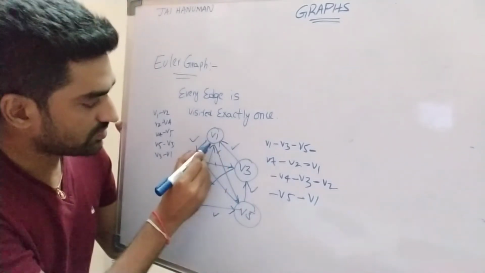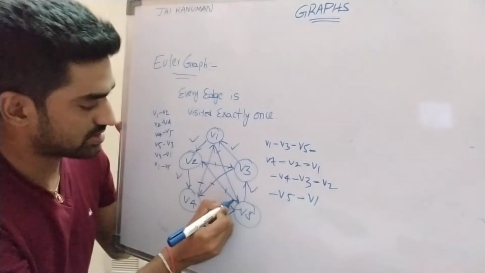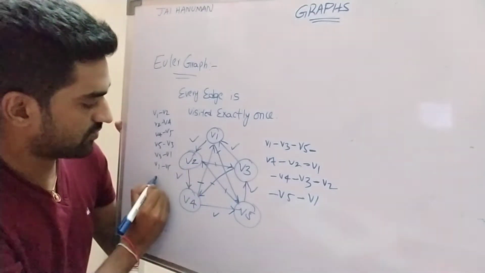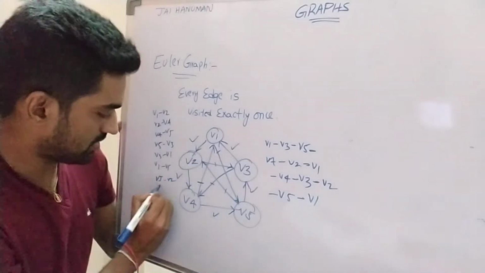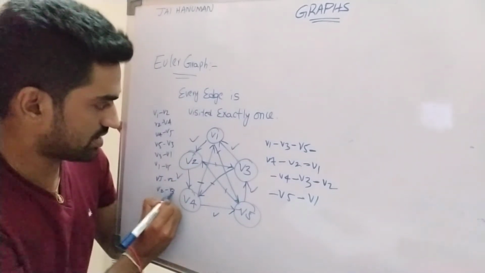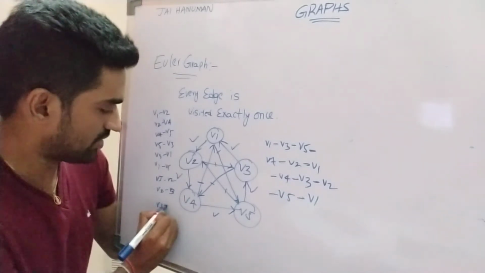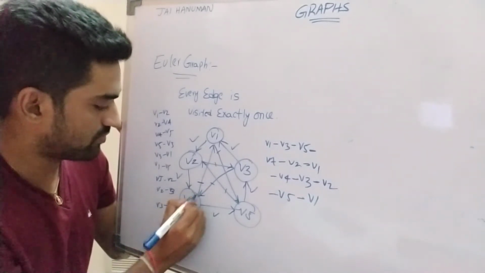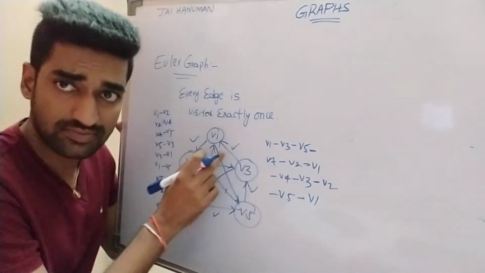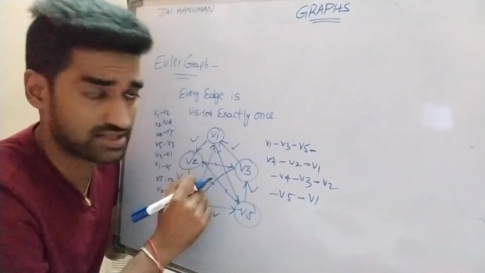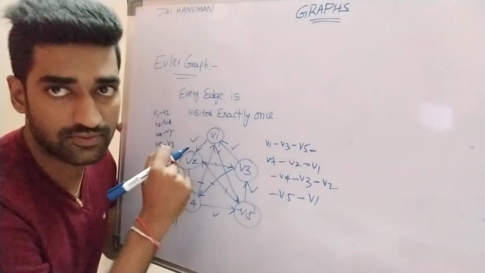Then V1 to V5, V5 to V2, V2 to V3, V3 to V4, V4 to V1, these edges are visited. All the edges are visited exactly once. So that's why this directed graph is also called an Euler graph, right?